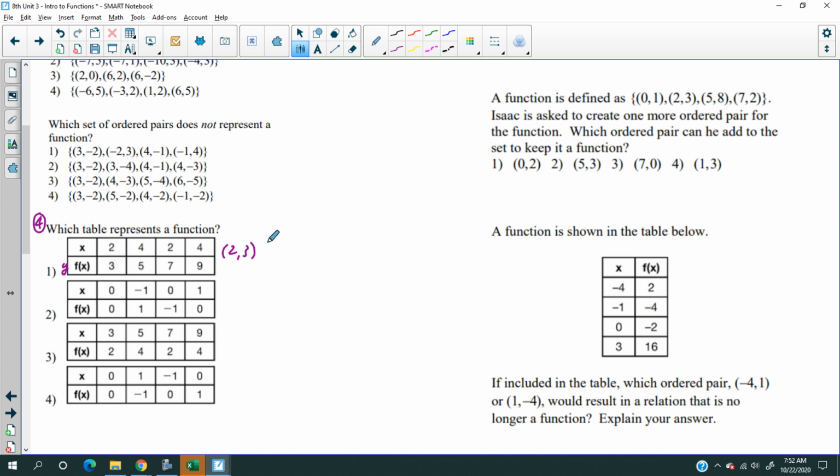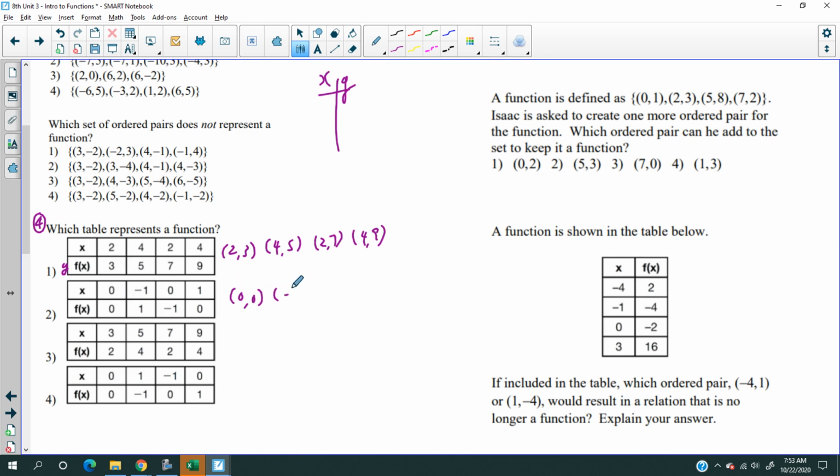I'm just going to write 2, 3, 4, 5, 2, 7, 4, 9. And I'm going to do the same thing for the second one. 0, 0. By the way, the way they present this, you could have just written it vertically, like x and y. So again, don't get thrown off even by the orientation of the table.